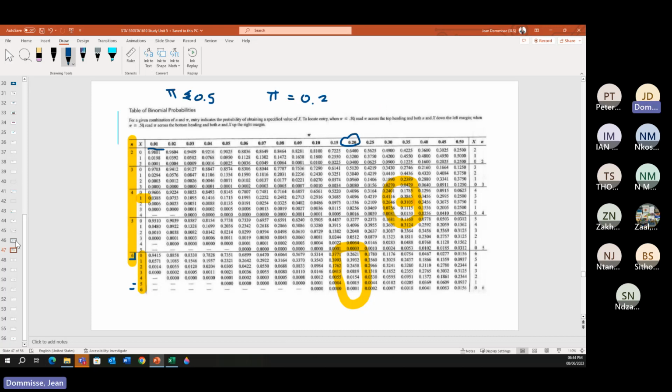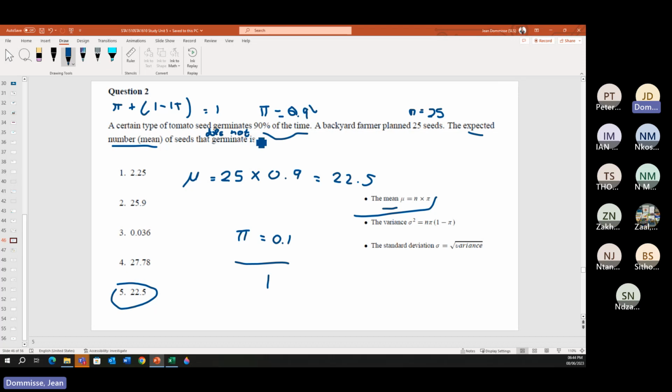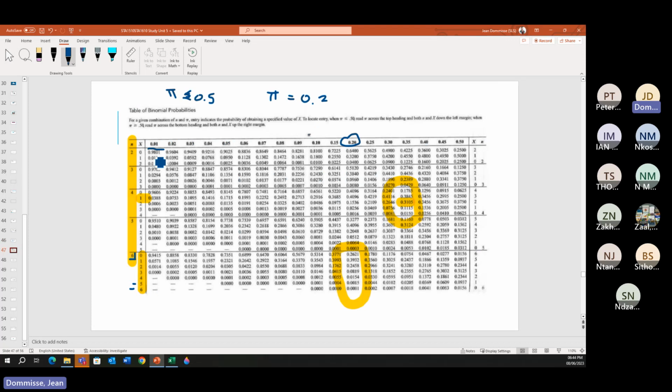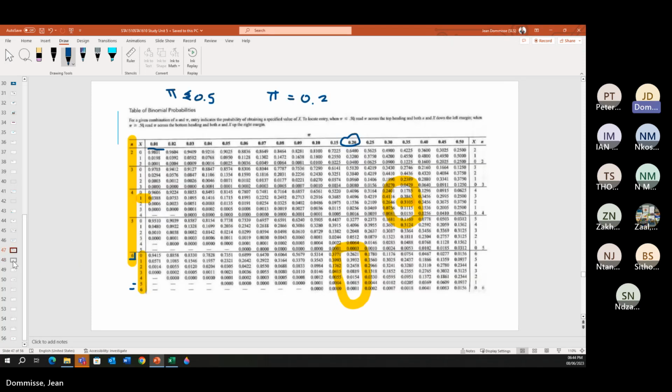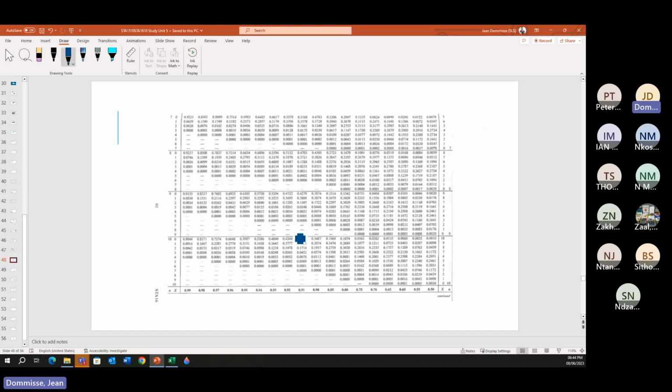If in the instance here where they ask us 0.9, now I don't see it at the top, but you will see in your textbook or in your study guide that you've got one piece of paper, and then at the bottom it actually goes on.